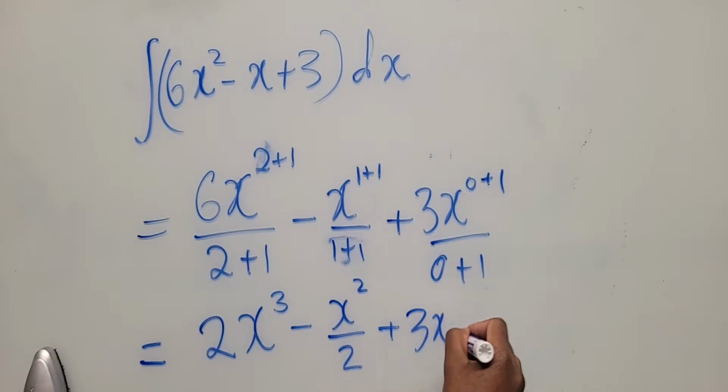So 3x, then I just add my constant of integration, which is C. Okay? So we're done, right? So the integral of 6x squared minus x plus 3 is 2x to the power 3 minus x squared over 2 plus 3x plus c. Okay, that's it, right?